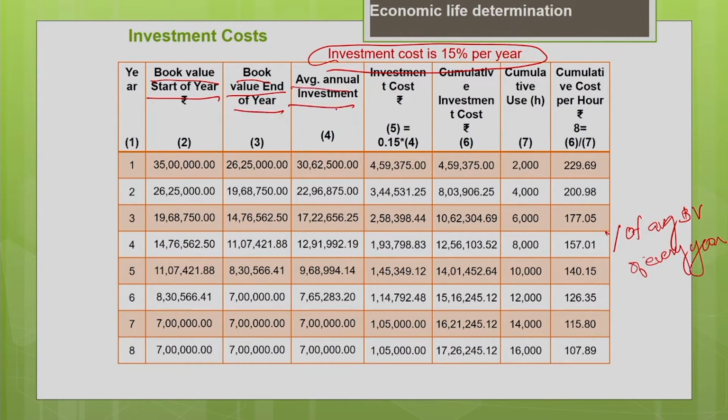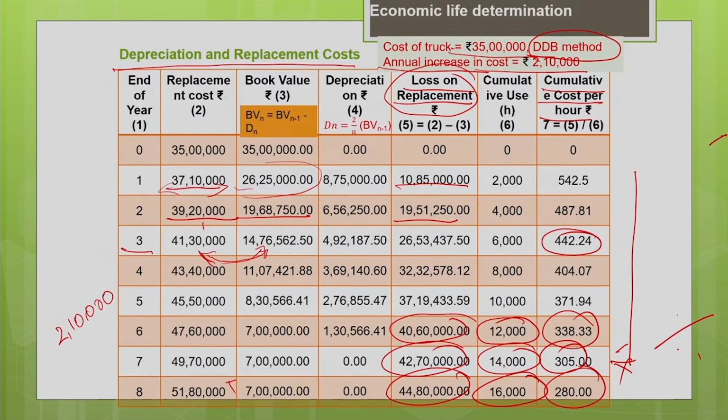Obviously, book value at the beginning of year is the purchase price, 35 lakh. Book value at the end of every year you can get from the previous table, where you have calculated it.